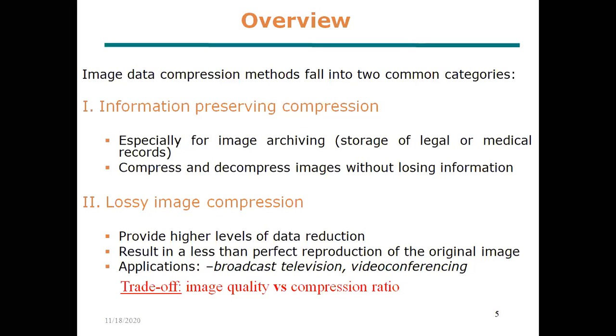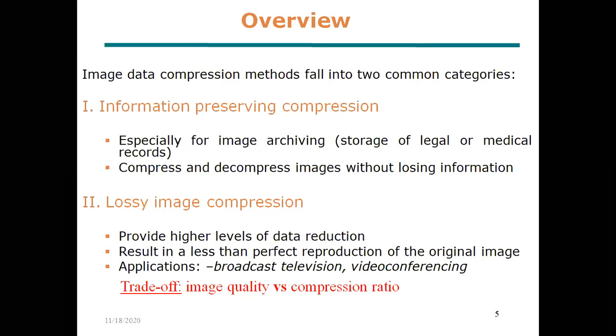For example, after decompression of this image, the decompressed image may not be equal to the original image. The accuracy of the decompressed image is much less when compared to the original image, because we have removed a higher level of data from the original image.